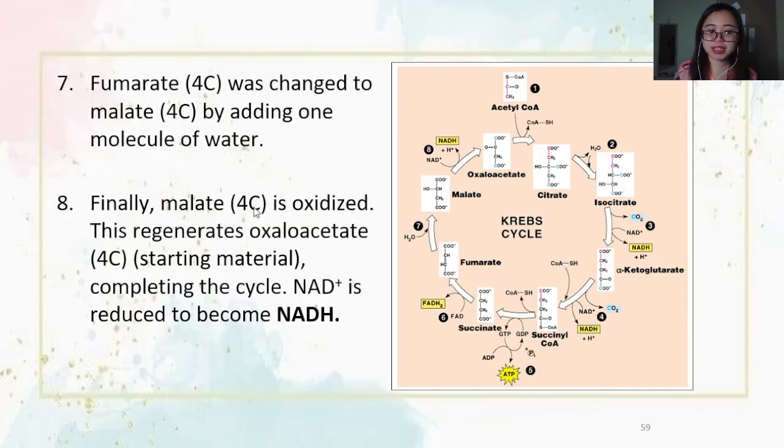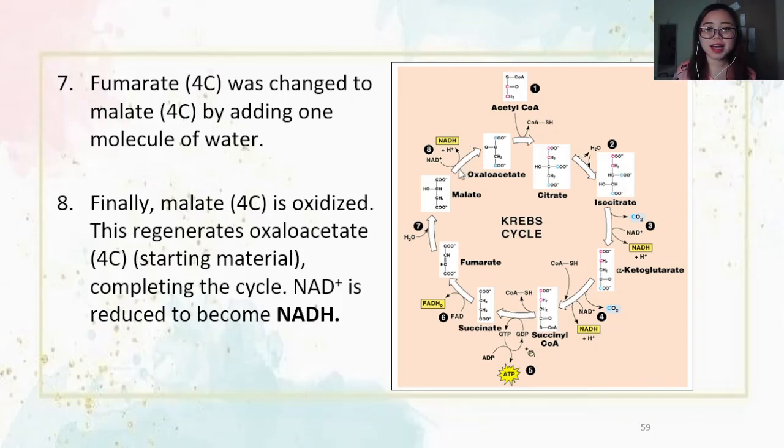Finally, malate, 4 carbon molecule, will be oxidized, and this regenerates the oxaloacetate that we had in the beginning of the Krebs cycle. And thus, it completes the cycle, and NAD+ will be reduced to become NADH. So, daripada malate, masukkan air.